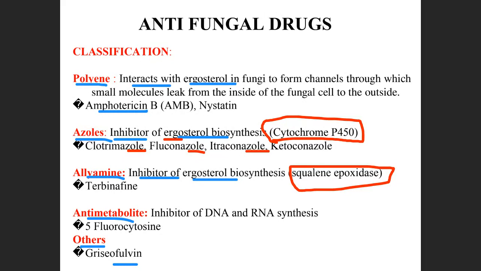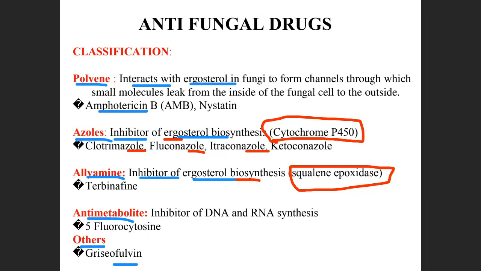Similarly, allyl amines also inhibit ergosterol synthesis, but they attack another enzyme, squalene epoxidase. So azoles and allyl amines both inhibit the synthesis of ergosterol, but they attack different enzymes. Whereas the first category, that is polyenes, what do they do?